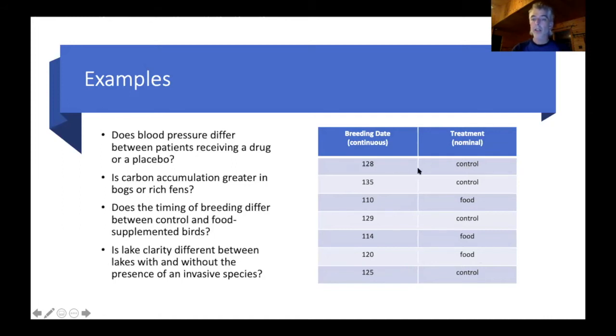Was this particular bird a control bird or a food supplemented bird? So we don't arrange our samples next to one another. Instead, we stack those observations on top of one another within a single variable that is our measurement and classify each observation based on the sample that it came from.